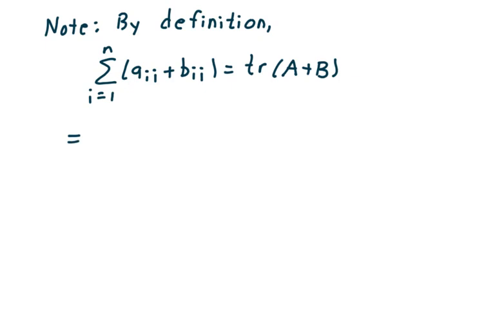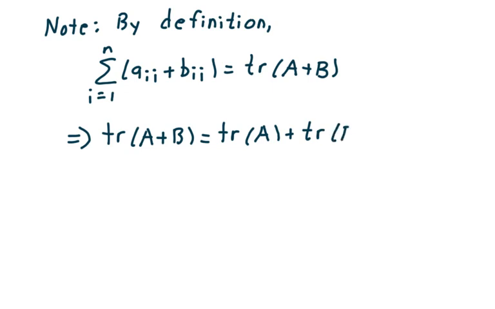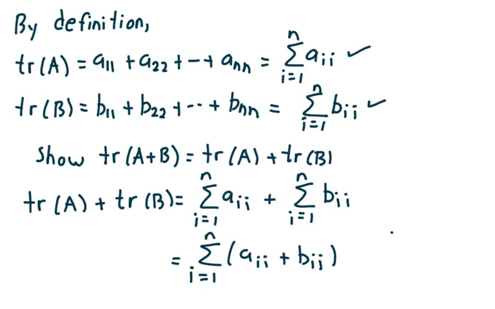And so that implies the trace of A plus B is equal to the trace of A added to the trace of B. And so the key step on here is going from here to here. And that's using the properties of summation notation. When you add a finite sum, we're allowed to do that.